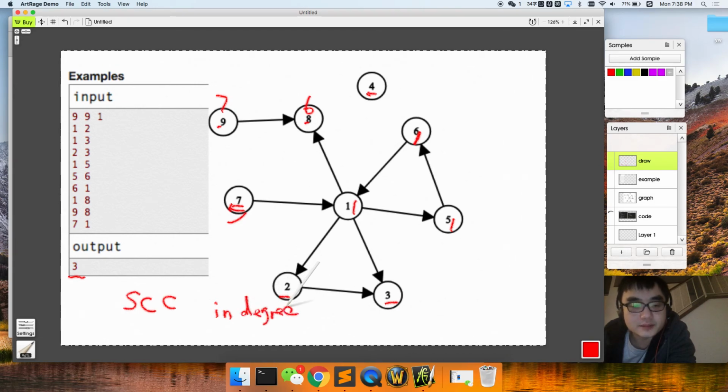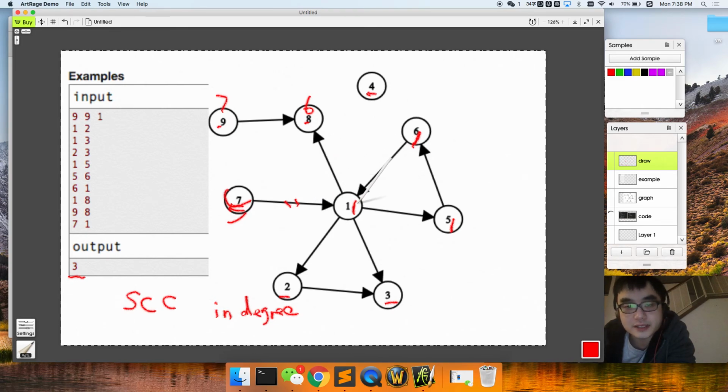So in degree means that there is an edge from one SCC to another SCC. This guy is an in degree of SCC1, from SCC5, right? So how many of them do not have in degree?